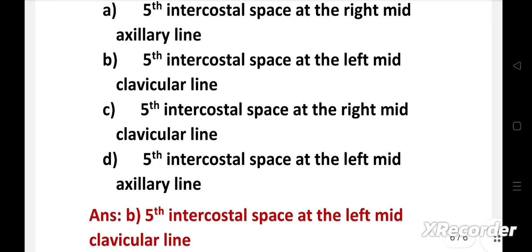Right answer is option B, fifth intercostal space at the left mid-clavicular line.